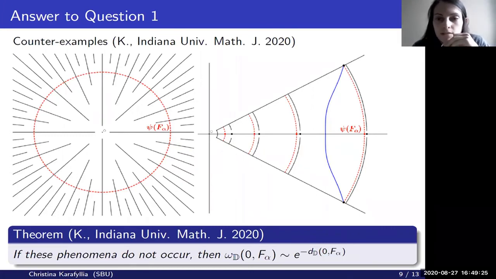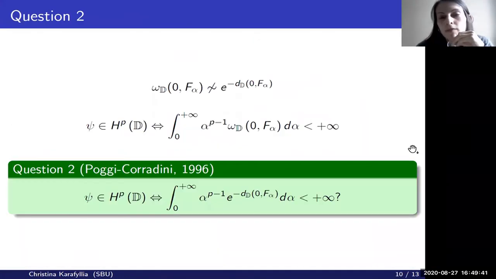And that's the reason for which the answer is negative. So if these two phenomena do not occur, only then we can compare these quantities. Only then they are comparable, but not in general. So the answer to the first question is negative. These quantities are not comparable.